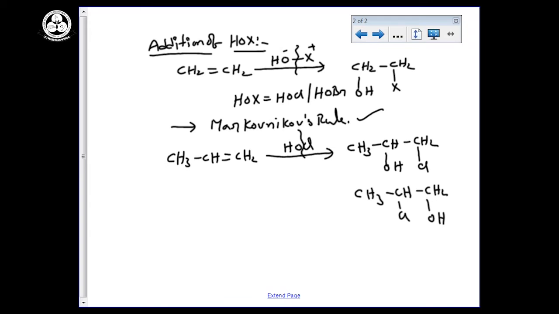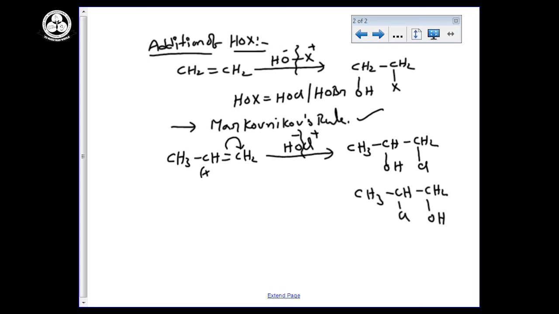Generally hydrogen is added to the double bonded carbon atom having more number of hydrogens. Otherwise you can say like this: the positive part is added to the double bonded carbon atom having more number of hydrogens. Why? Because a carbocation can form as an intermediate. Markovnikov rule means we have to observe that there is a carbocation, so there can be a rearrangement. Secondary carbocation is more stable.